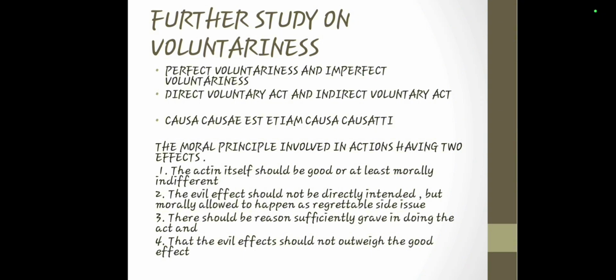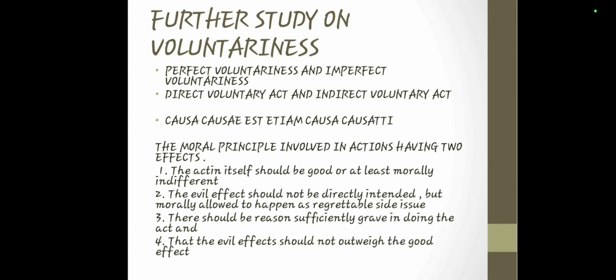Okay. Here, another good example. The unintended killing of non-combatants as a result of the bombing of a military objective. What does it mean? Meaning to say, here, it is an involuntary act because it is unintended, meaning you did not intend to do the action. So that's why it's called involuntary.